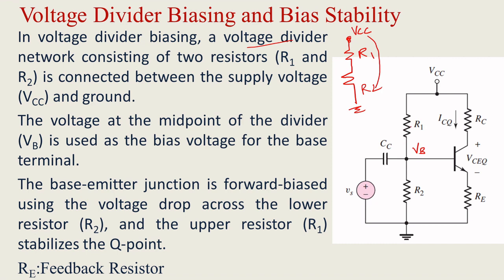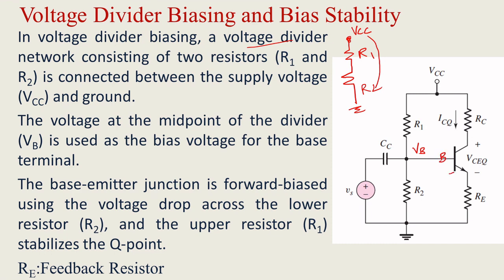That is the flexible part in the divider network. The drop across the voltage can be varied by changing the resistance. Very important, repeating: the voltage at the midpoint of the divider is used as the bias voltage for the base terminal.